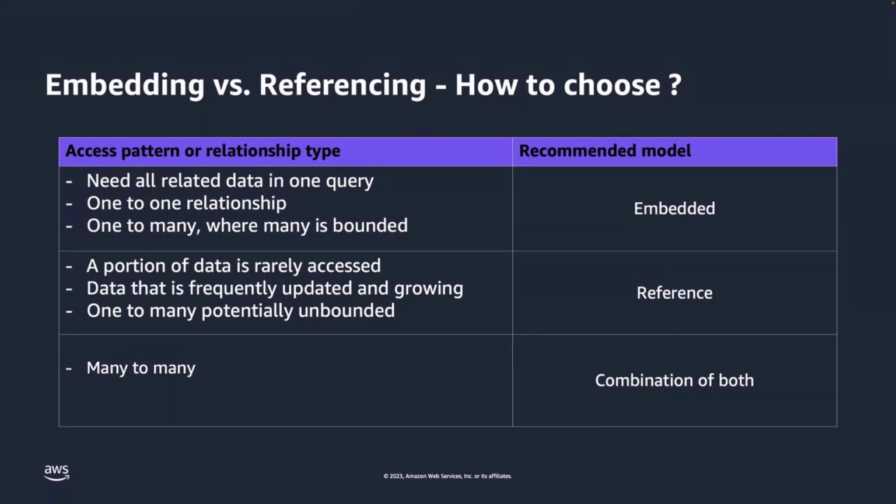But if you have data that is rarely accessed, or data that is frequently updated and also growing, and you have a one-to-many unbounded relationship, then the reference model makes more sense. In the many-to-many case, as I've just shown you, it's pretty much a combination of both models.